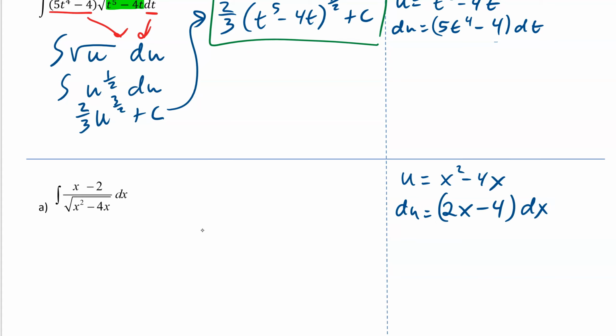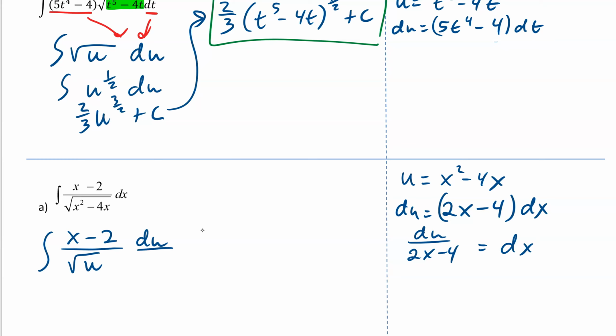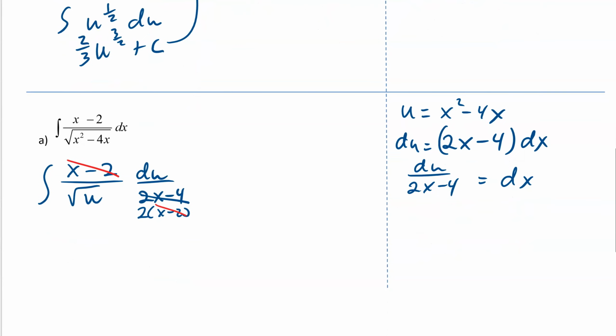So if you notice here, we now solve for dx, and we get du over 2x minus 4. So when I plug that in, everything should disappear. All the x's should disappear. You may see that there's something extra that you just have to do. Exactly, factor. So if I factor this, I now can cancel x minus 2. No more x's, everything is just u's.